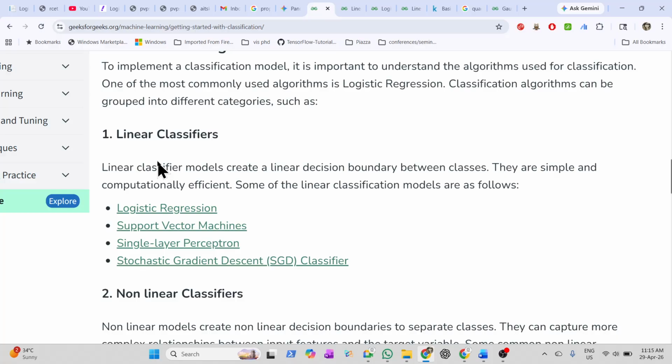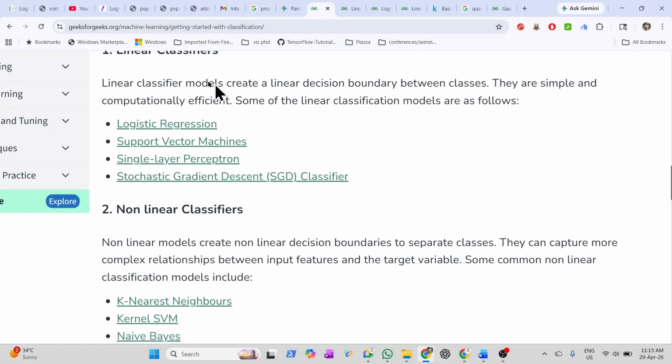The algorithms are divided into two types. First one are called linear classifiers, second one are called non-linear classifiers. Linear classifier models create a linear decision boundary between the classes.